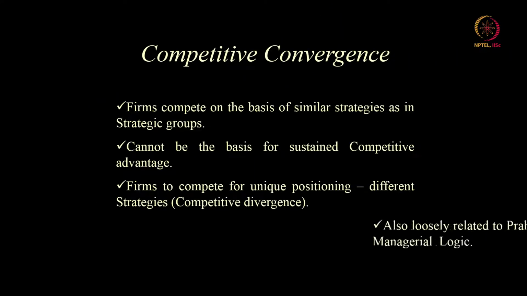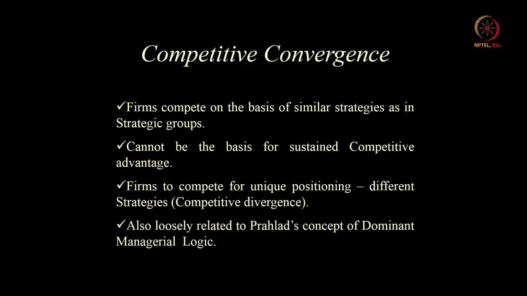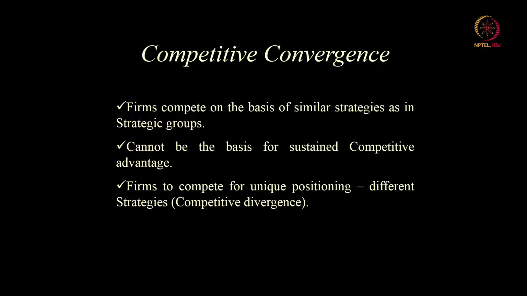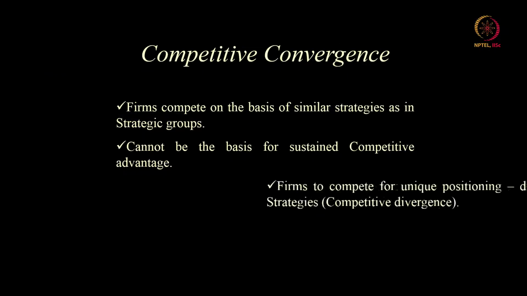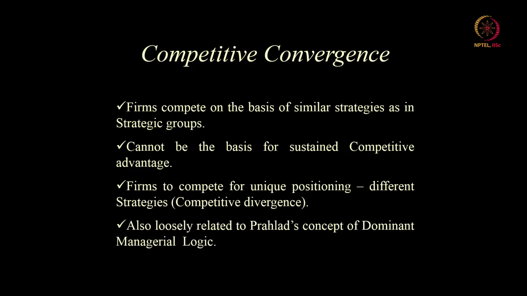Then when you look at competitive convergence, in the present day context, this is firms compete on the basis of similar strategies as in strategic groups. So, suppose it is advantageous to compete on the basis of similar strategies, then this competitive convergence is operating.